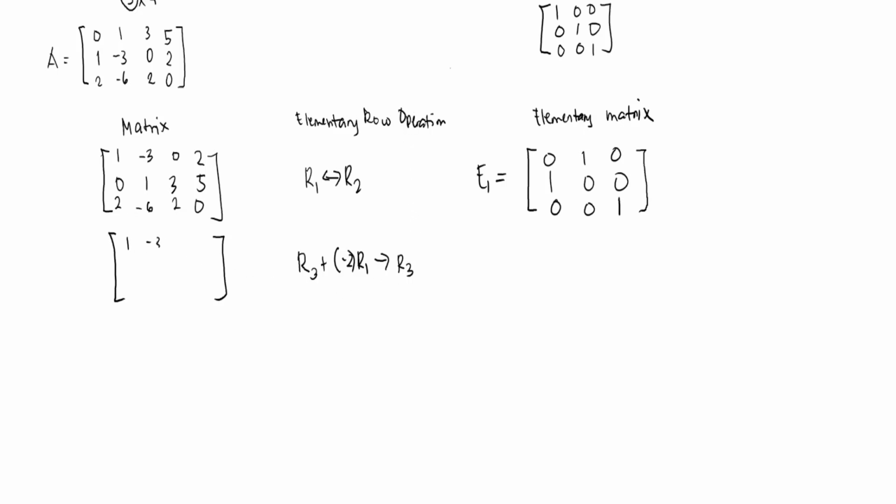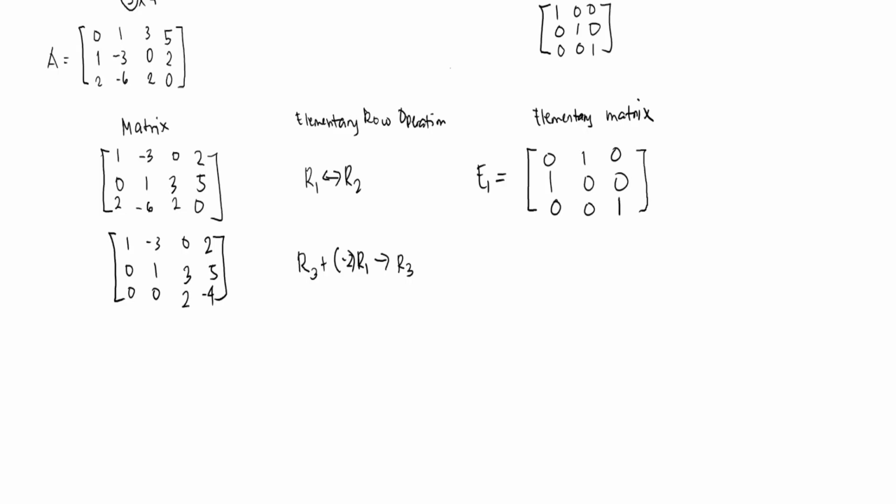So we have 1, negative 3, 0, 2, then 0, 1, 3, 5, and then here 0. We multiply this by negative 2, so that's positive 6, then we add, so that's 0. We multiply this by negative 2 and add: 2 plus 1 times negative 2, so that is negative 4.